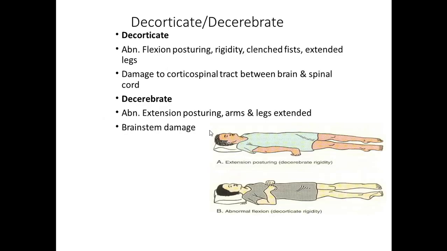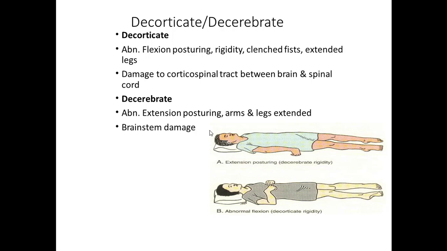All right. Decorticate and decerebrate. These are the positioning of the body depending on where the damage to the neural system is. If there is damage between the brain and the spinal cord, you're going to see these people kind of curling inwards.